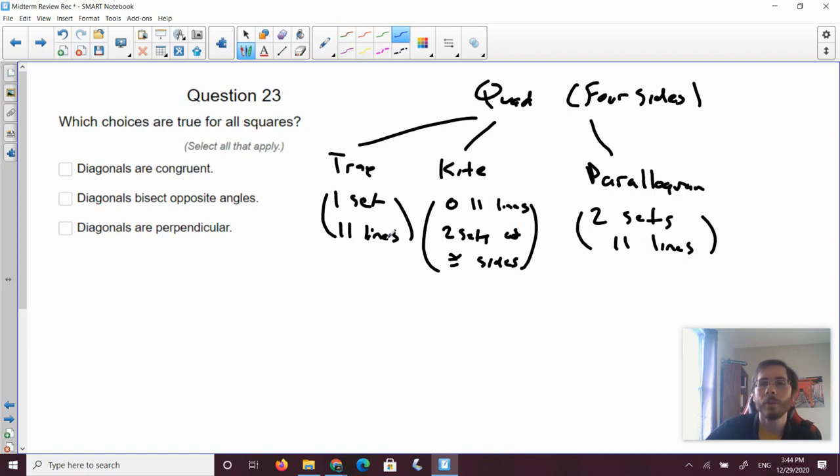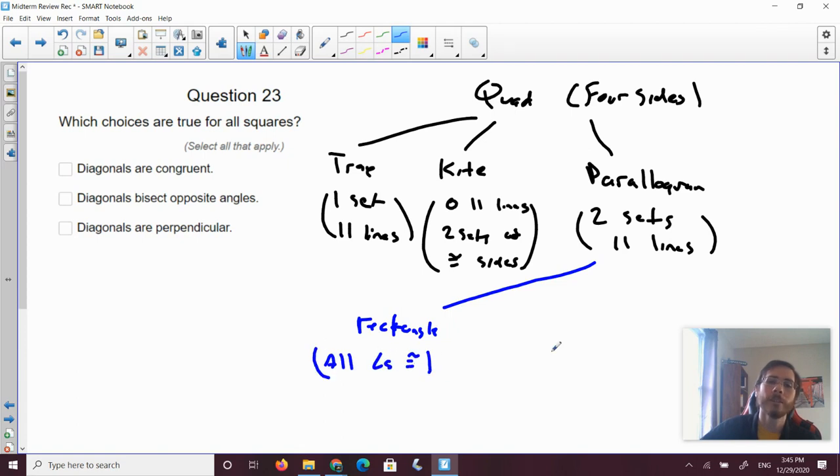So if something's true for a parallelogram, it has to be true for a square too. And in this case, we're actually not going to pick any of those because none of those have to be true for a parallelogram. That's a little disappointing. But that's okay, because from the parallelogram, remember we get two extra things. We get the rectangle. And a rectangle would be all the angles are the same.